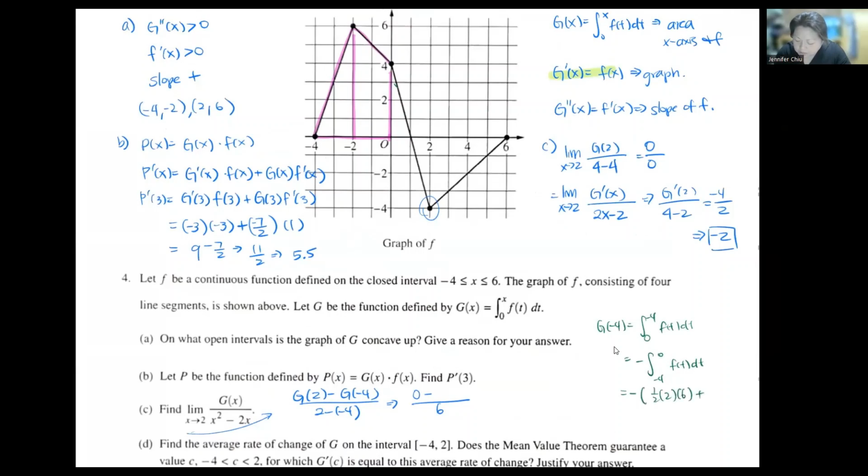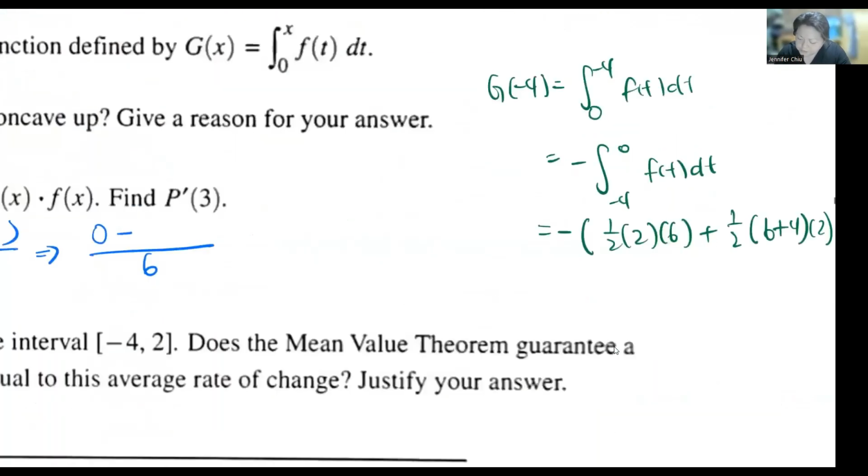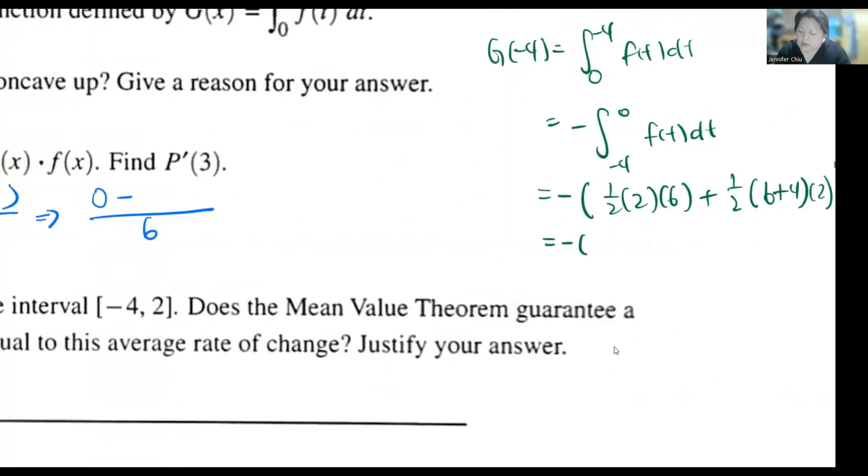And the second one's a trapezoid, 1/2 base 1 is going to be 6, base 2 is 4, height is going to be 2. Okay, so that gives me negative 6 plus 10, which gives me negative 16. So that's negative 16. Okay, so that cleans up to be 16 over 6, which is 8 over 3.